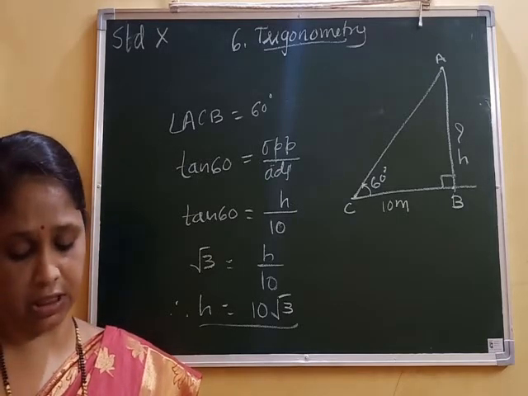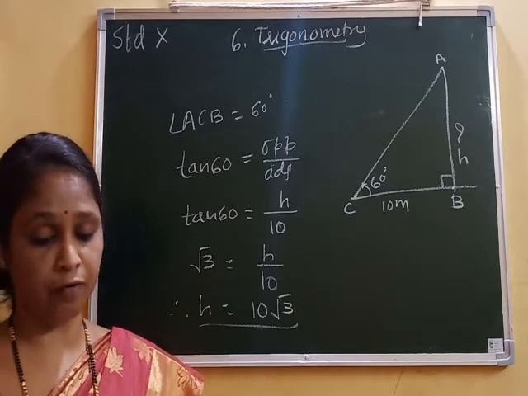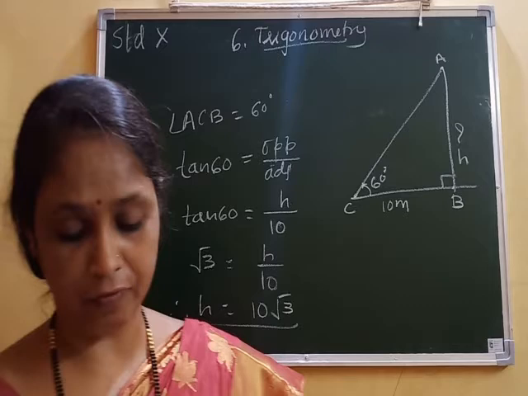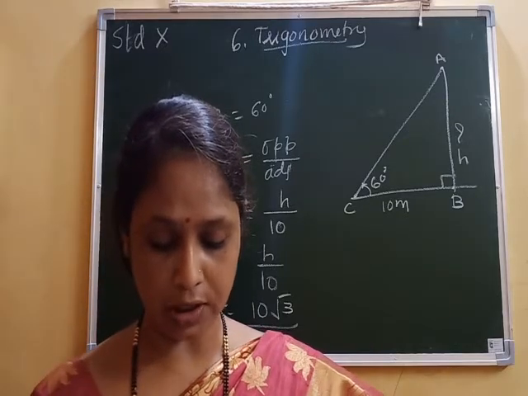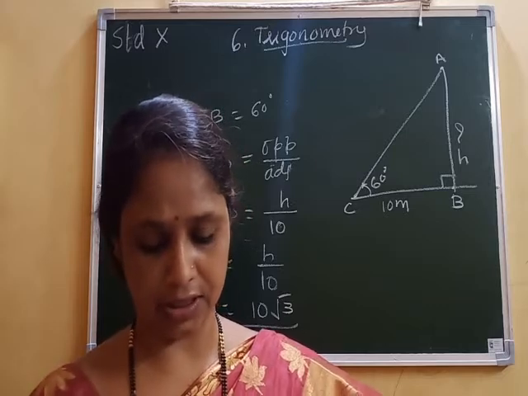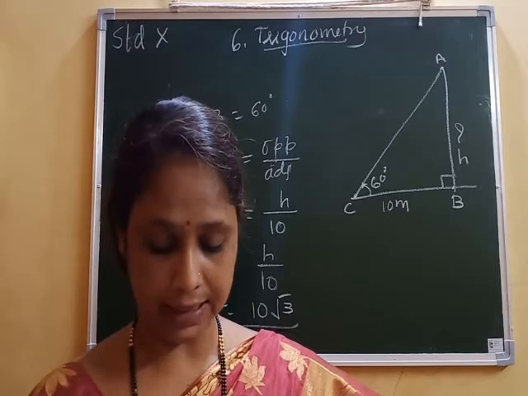Now next question, see on page number 134 it is given. From the top of a building, an observer is looking at a scooter parked at some distance away. He makes an angle of depression of 30 degree.